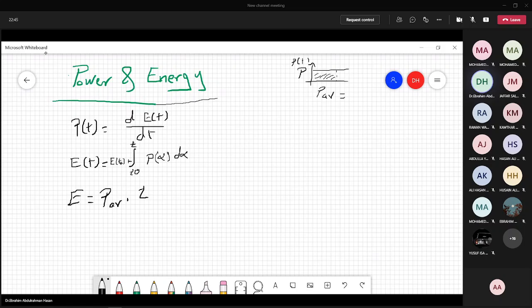So always we add the initial energy. Why initial energy? For example, if you have water in a glass, you need to take this into account. It was not empty, so there is some little water in the glass, and you add some more water here.